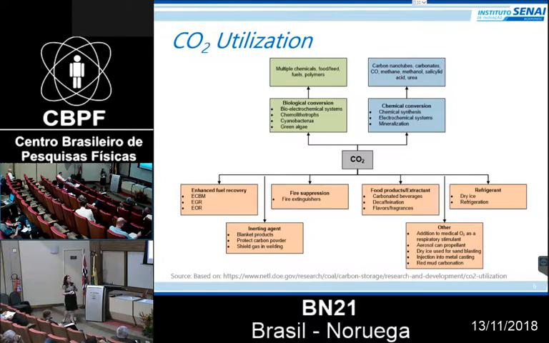You're going to see that urea, salicylic acid, methanol, carbon nanotubes are already in the market. But specifically for biological conversion, we have still a field that is in its infancy. It's starting, and now it's getting more opportunities and potential to be used for carbon utilization.